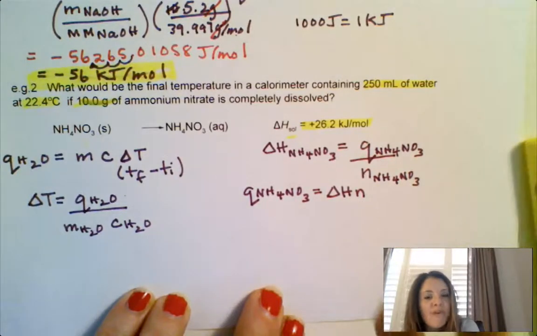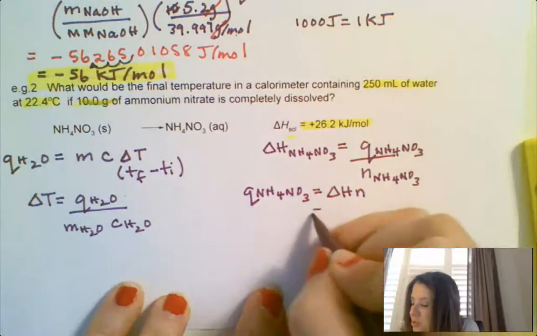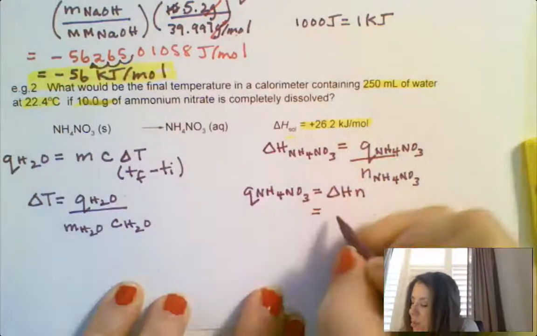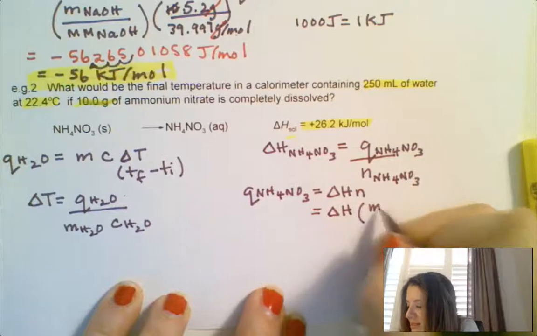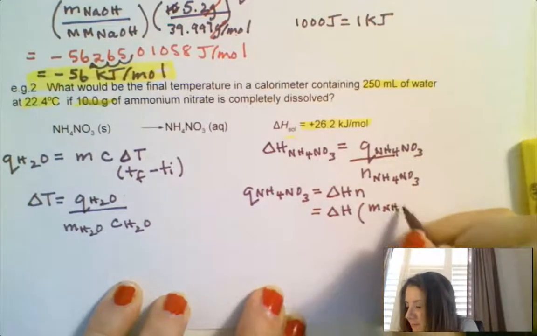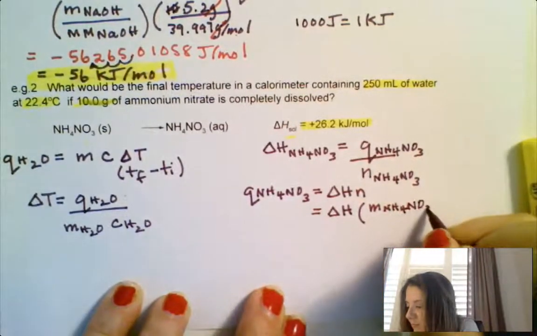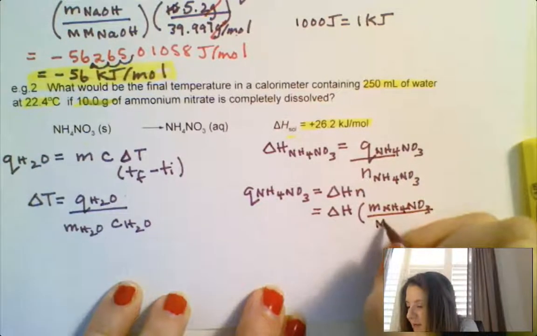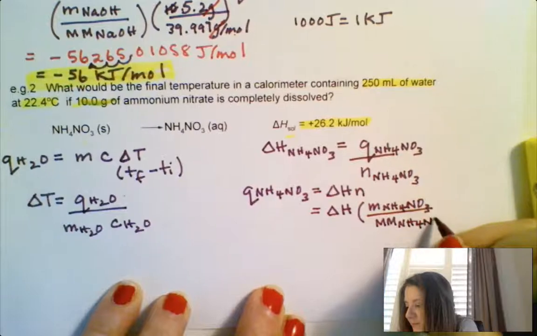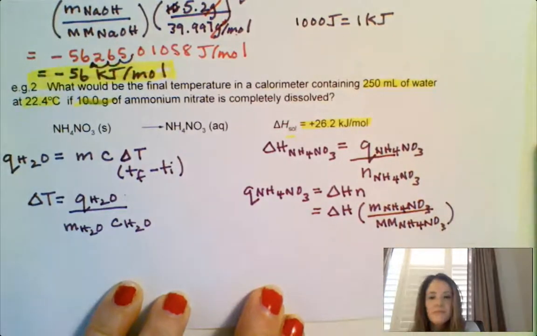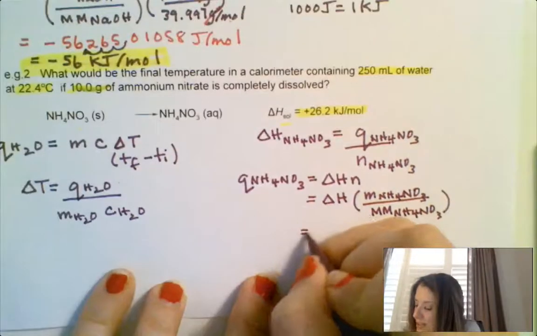I don't have the mole value per se, but I do know the mass. What you can do is you take mass of your ammonium nitrate and you divide it by the molar mass of ammonium nitrate. So let's go ahead and do that.